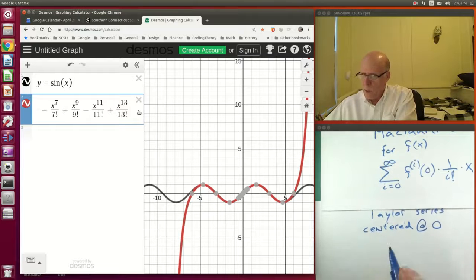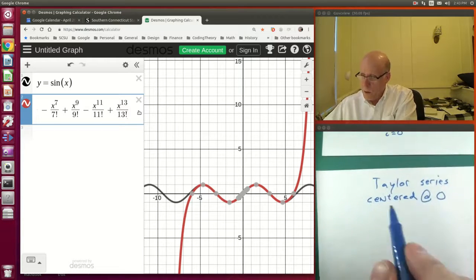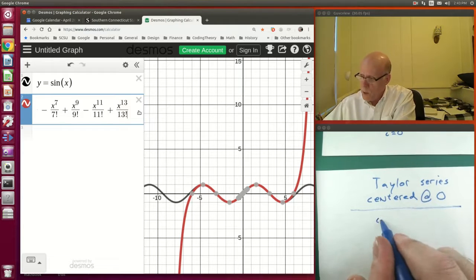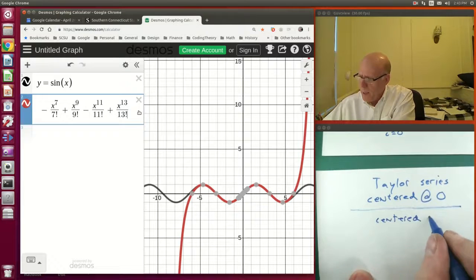So the Taylor series, not centered at 0, but generally, is going to be centered at some arbitrary point. People normally write a for that, centered at a.